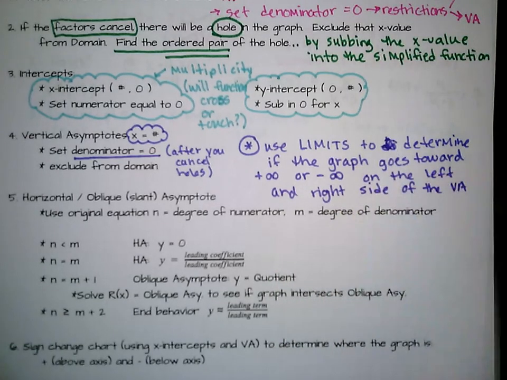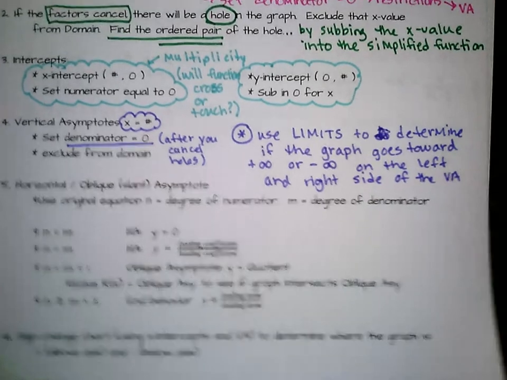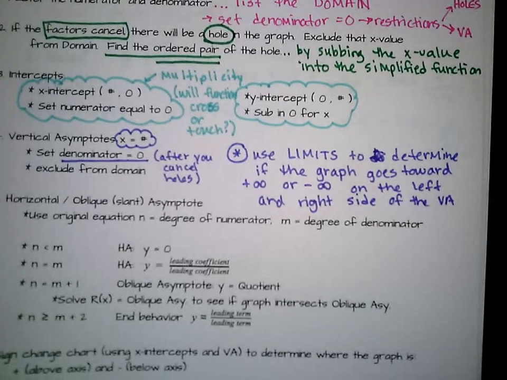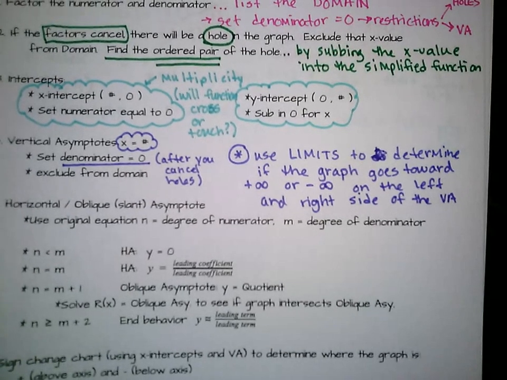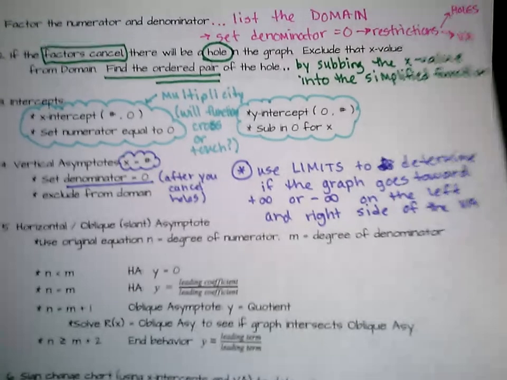Okay. So we'll practice that, using limits to determine if the graph goes towards positive or negative infinity on the left and right side of the vertical asymptote.